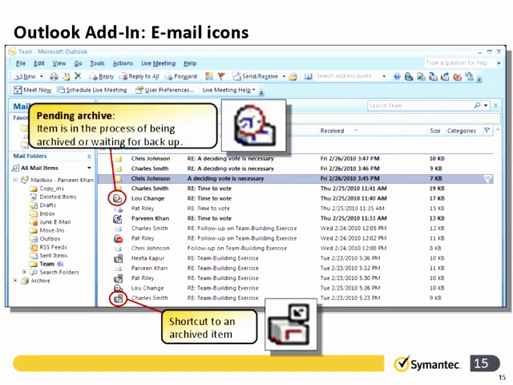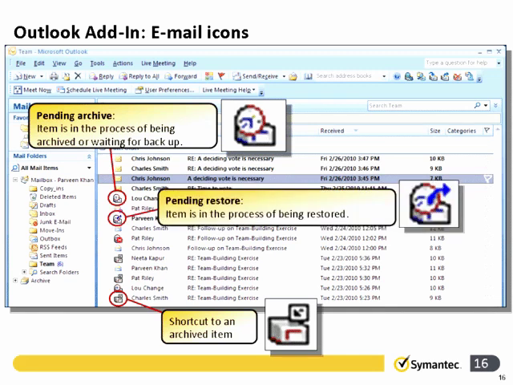We also have the pending archive, which means you've told this particular item to be archived. However, it hasn't actually completed the archive process, which could include the removal of the safety copies. And we talked a little bit about what safety copy removal involved and how to configure that in an earlier lesson. We also have the pending restore.